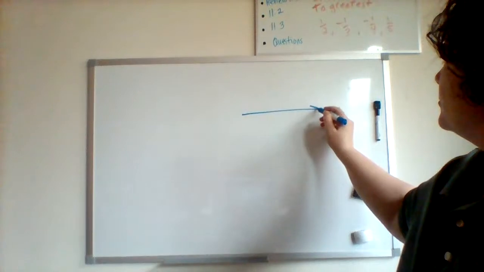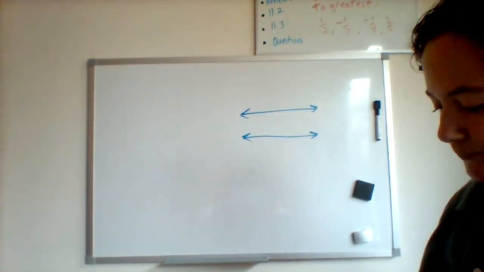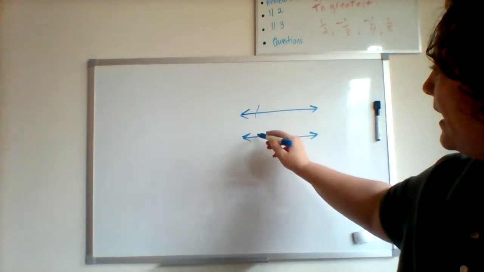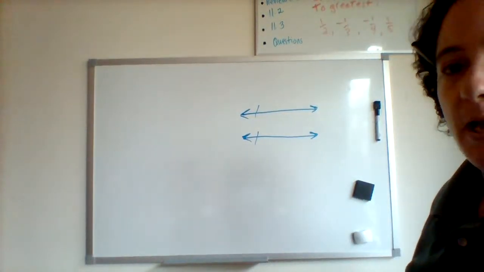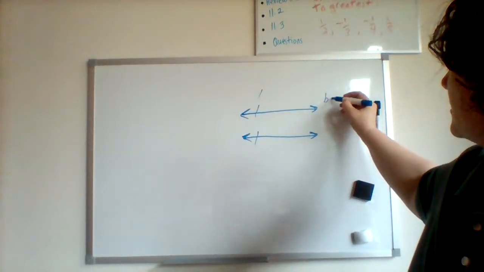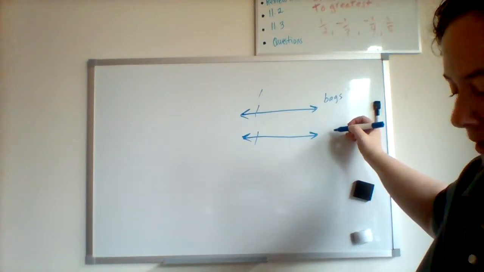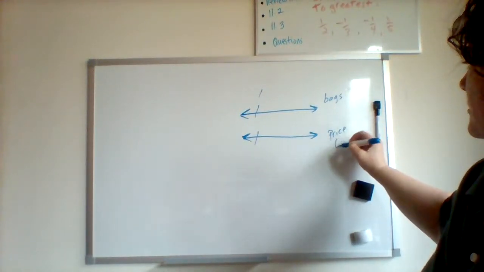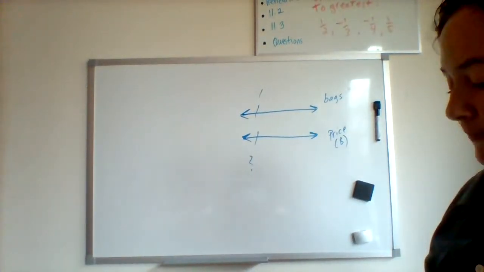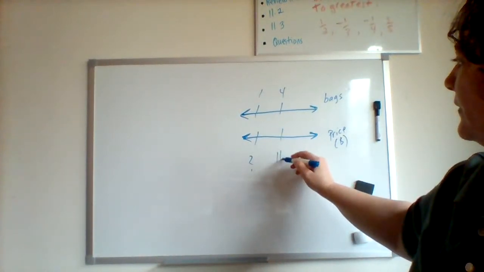And I guess I could have just used the same one. They say 4 bags are being sold for $11.96. And I'm going to need in part A, I'm going to need for one bag. So this is bags. And this is the price. And the price is being measured in US dollars. I'm going to need the price for 1. But they're telling me that 4 matches with $11.96.